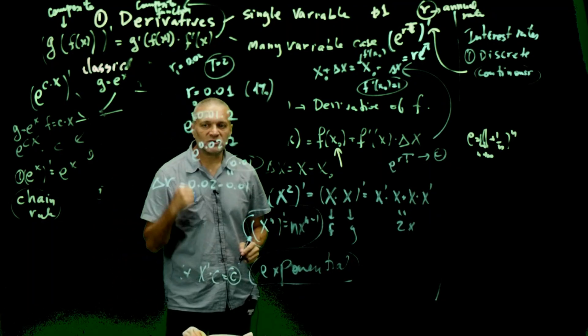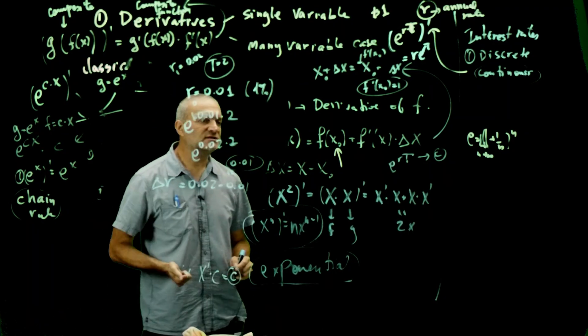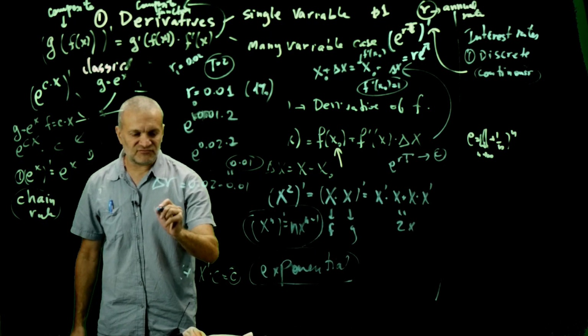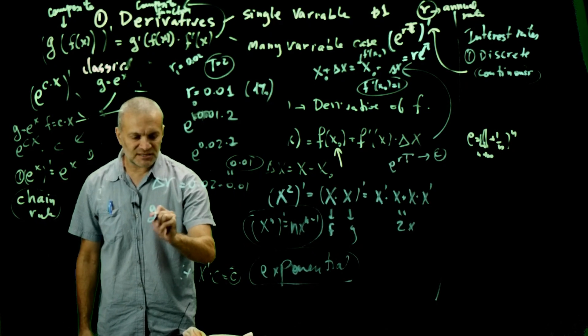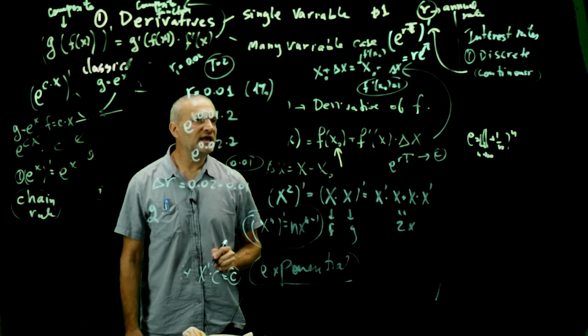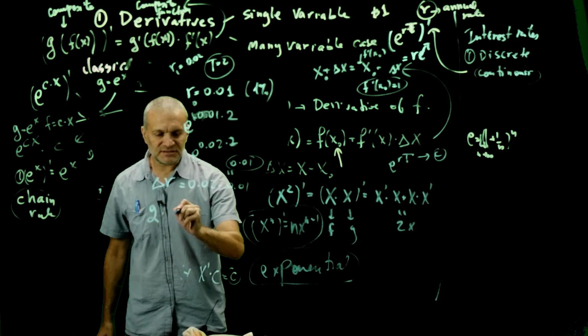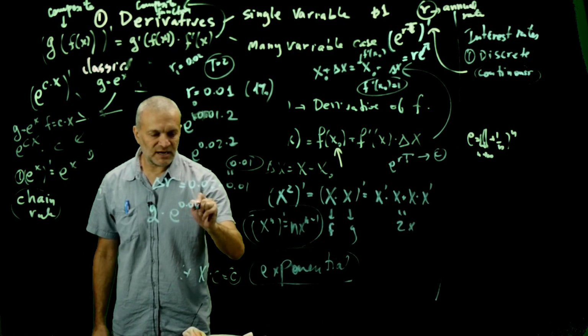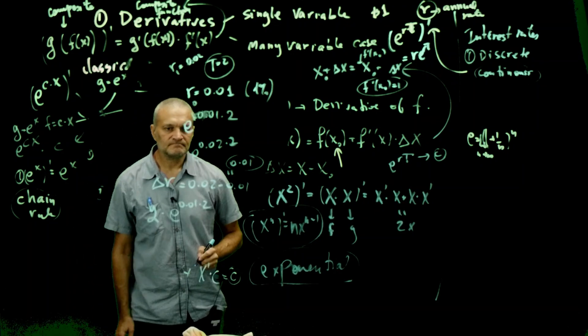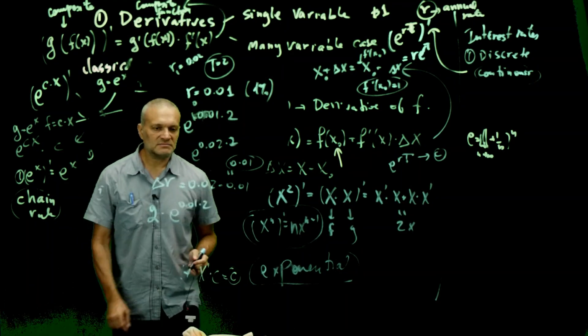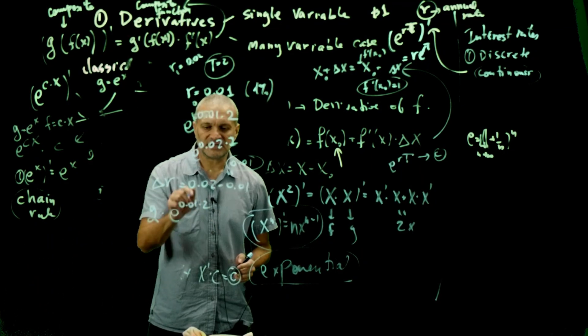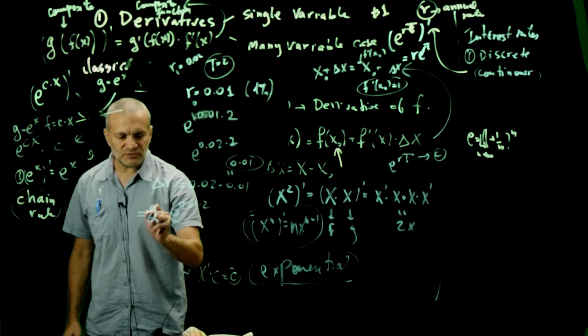And now you're going to evaluate the derivative. We know that the derivative is t, which is, let's say, 2, times e to the 0.01 times 2. Okay, this is going to be your derivative.